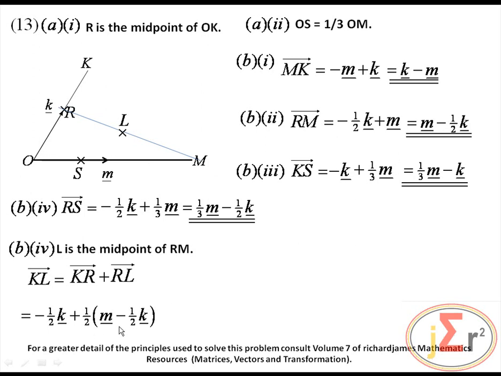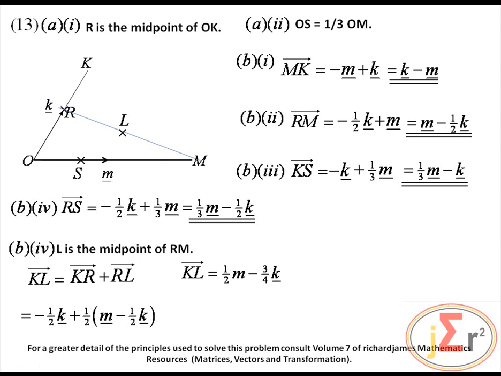So putting that together, KL is equal to, when we simplify that, minus a half of K and minus a quarter of K. Both are negatives, so we put them together and have one big negative.